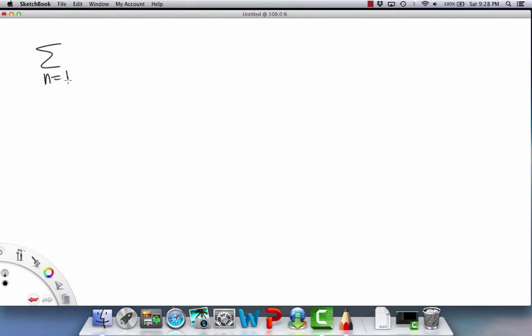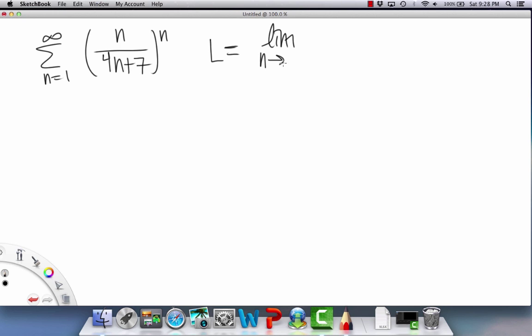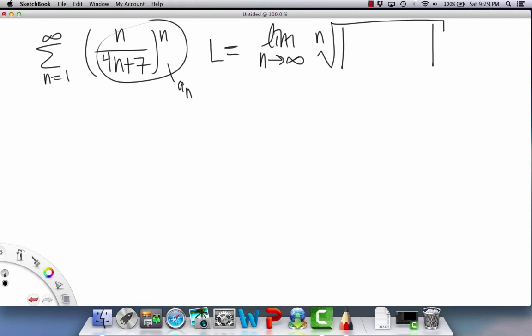So let's say we're given the series from 1 to infinity of n over 4n plus 7, to the nth power. Okay, so if we have this, we're going to assume, first of all, that this big L, the limit as n goes to infinity, exists. So we're going to have the nth root. This is how you set up the root test. We're going to have something in here, and this is going to be the absolute value of our a sub n, right?